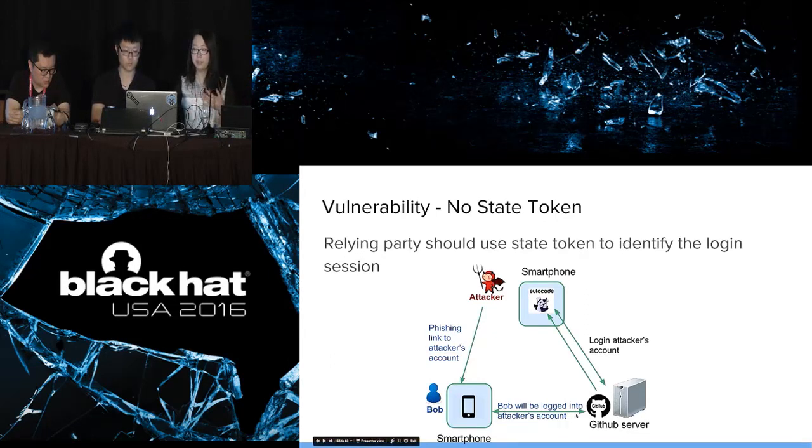a request will be sent to the GitHub server with the authorization code from the attacker's account. Then, because there's no state token being used, GitHub will just think it's a benign user. It's an attacker. So the benign user will be logging into the attacker's account.